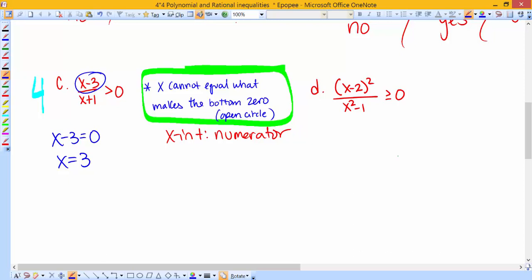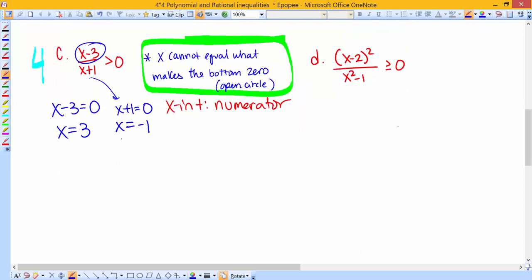So I also need to look at this x plus 1. So x plus 1, set that to 0. X cannot equal negative 1. So that needs to be a number that I absolutely do not try. X cannot equal negative 1. So this is what it can't equal.